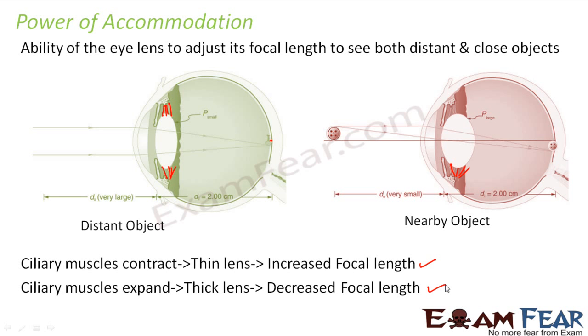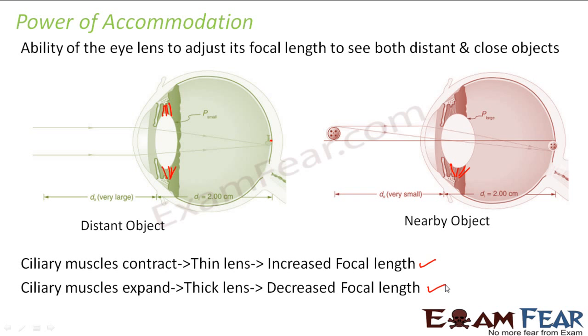Since the ciliary muscles have a limitation of contraction and expansion, there is a limitation to what the eye can see. There is a minimum distance from which I can view things clearly, and there is a maximum distance up to which I can view things clearly, because there is a limitation to the contraction and expansion of ciliary muscles.